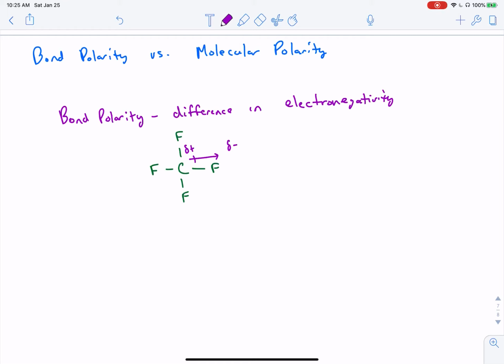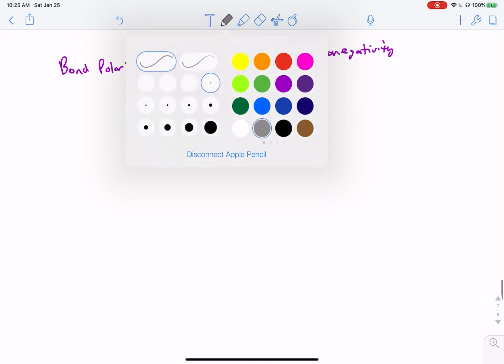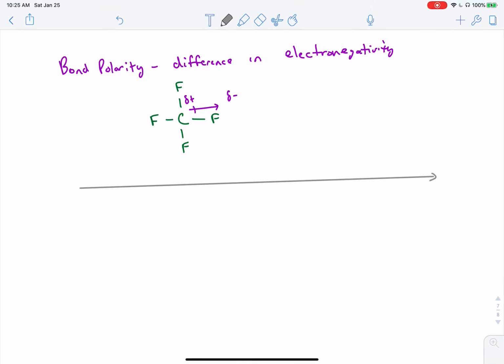But what you have to understand is this. That number that cuts off the type of bond is not an absolute number because books vary on that. And also, it's a spectrum. So, for example, let's say you do the difference in electronegativity 0, 0.4, 1.6. Some books will say 1.7, some books will say 0.5, some books will say 0.3. Don't get fixated on the exact numbers of 0.4 and 1.6.